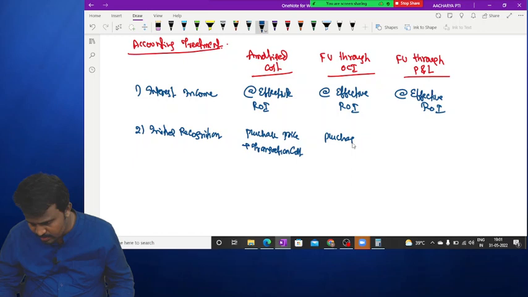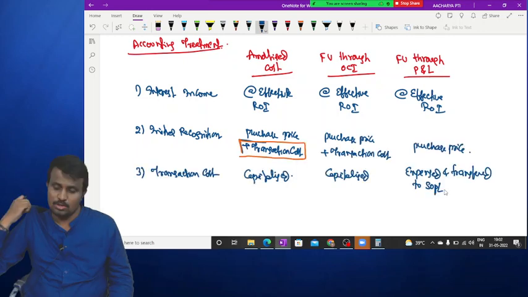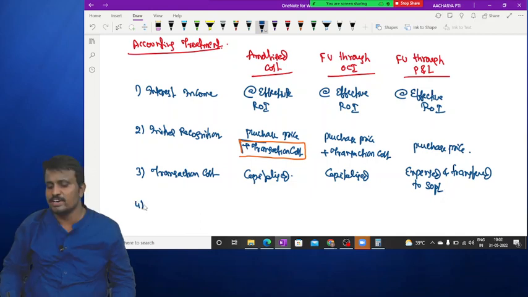So here also, capitalized. But here it is required to be expensed and transferred to the statement of profit and loss.